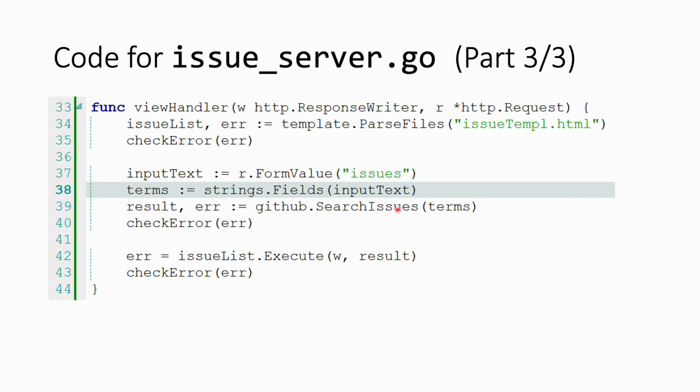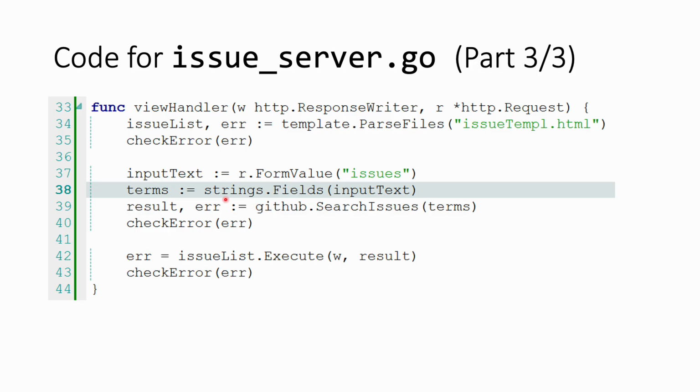There are two changes in the view handler compared to the main function of the issuesHTML.go program. The first change is that the output of the execution of the parsed template is written to the response writer of the handler instead of to the terminal.